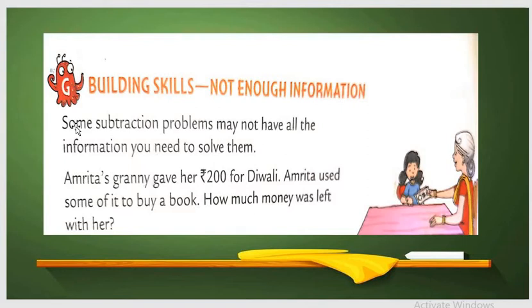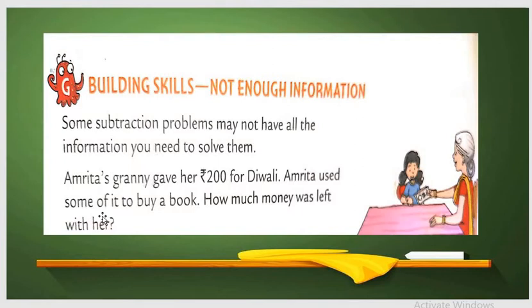Some subtraction problems may not have all the information you need to solve them. Amrita's granny gave her 200 rupees for Diwali and Amrita used some of it to buy a book. Some of it to buy a book, what does it mean?